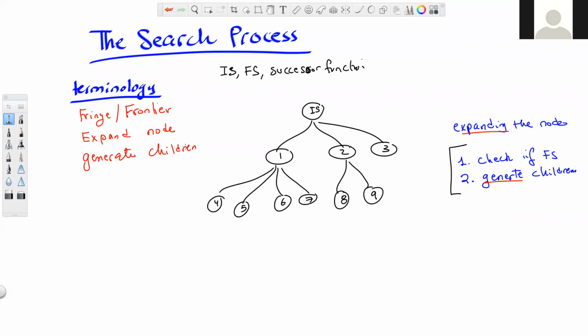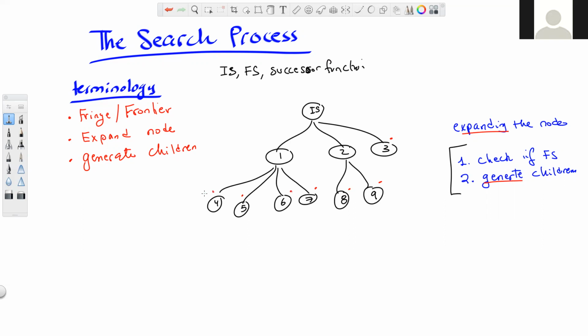So, guys, how many nodes do I have on the fringe at this point? I want a number. Just type a number. Okay, someone said 6, a couple of people said 7, and I'm getting more 7. Good, it is 7. It is this guy, 1, 2, 3, 4, 5, 6, 7.